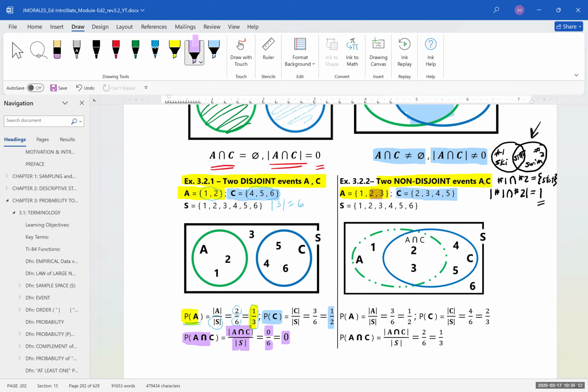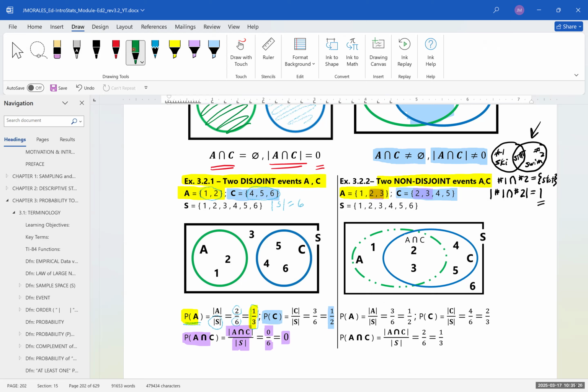A has outcomes 2 and 3, and C also has outcomes 2 and 3. So we can see just by looking at the definition of these two that 2 and 3 are going to be in the intersection where the two events overlap each other. And so I've drawn the Venn diagram to show this.